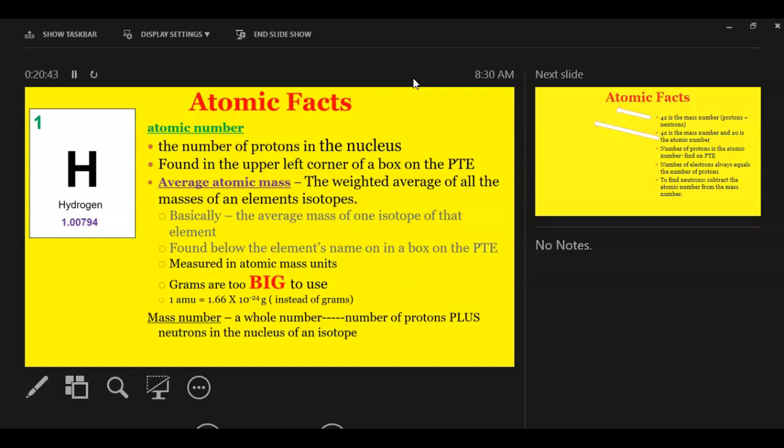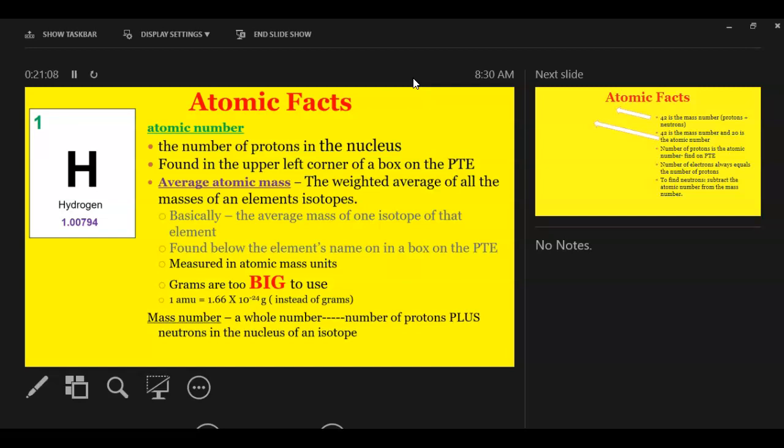So the mass number tells us the sum of the protons and the neutrons in the mass of that specific isotope. So hydrogen 1, okay, this 1 tells me the sum of the protons and the neutrons in the isotope of hydrogen 1.